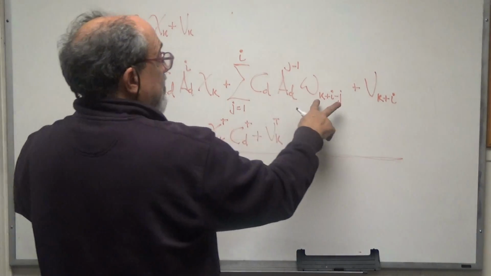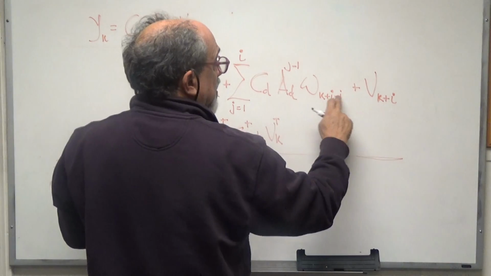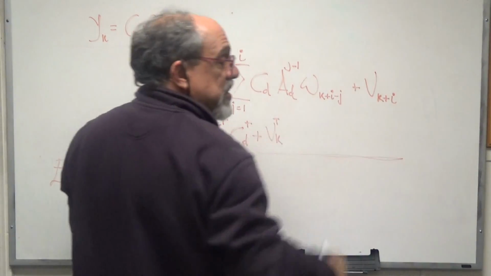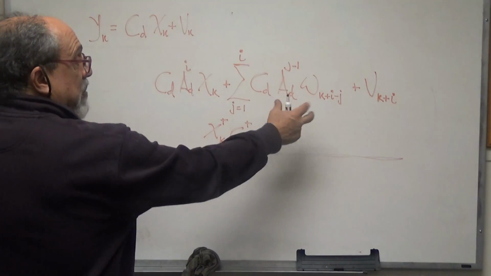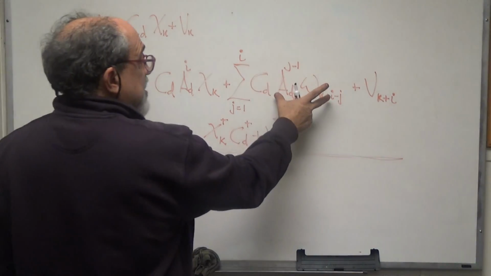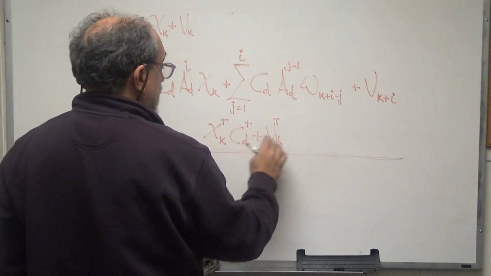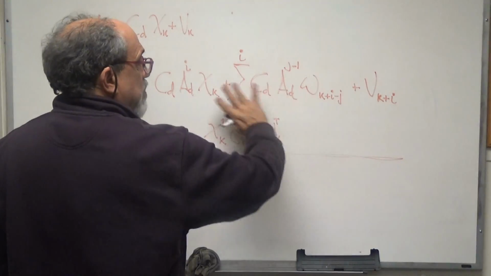But is there a K minus 1 here? No, because there's always a plus I, so this is never correlated. Therefore, this term times this term is 0. This term times this term is clearly 0, since these two white noises have nothing to do with each other, and we're done with this summation.